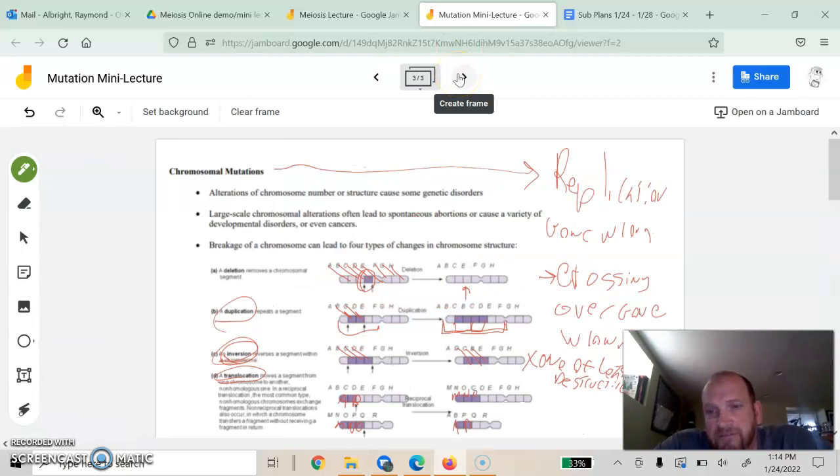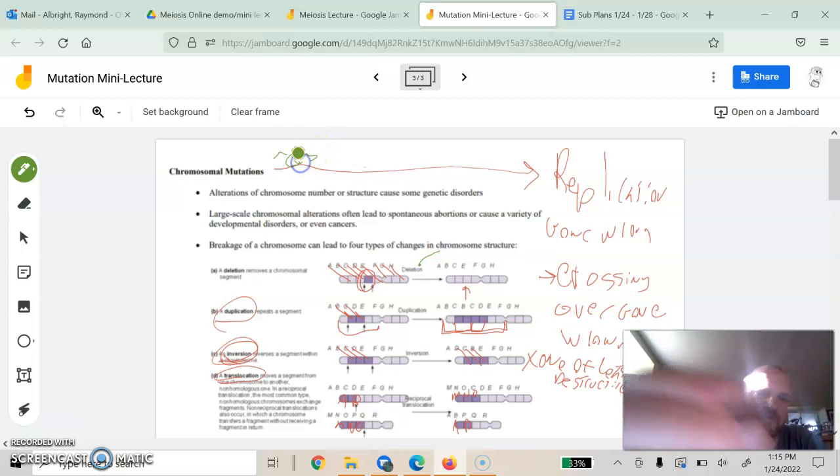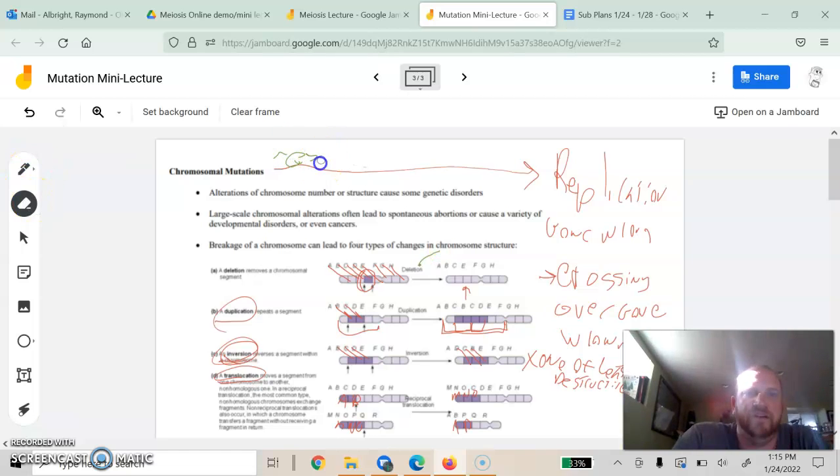Now over here we have another thing called chromosomal mutations. They can be the result of either replication gone wrong. So you look at something here like duplication, right?